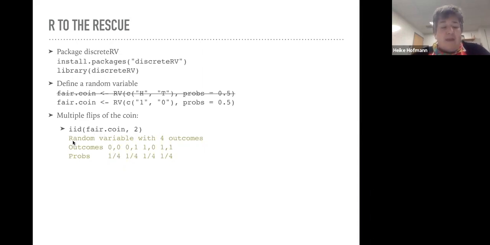So this gives us a random variable with 4 outcomes. You can see that all of these outcomes are nicely listed, and we can also see that the probabilities are listed underneath.